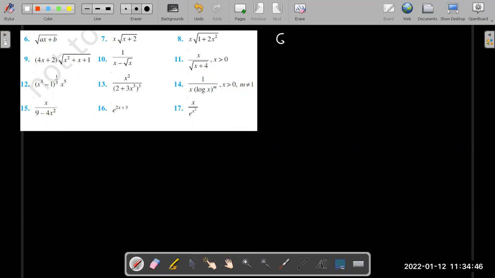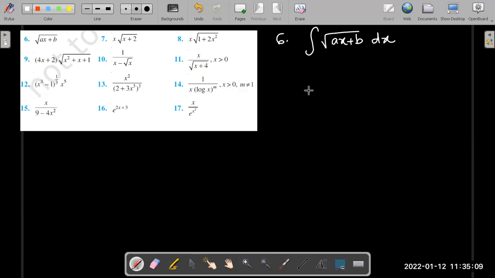Okay, so sixth question: integral of square root of ax plus b dx. Let me first explain what to consider as y, and then let's proceed.